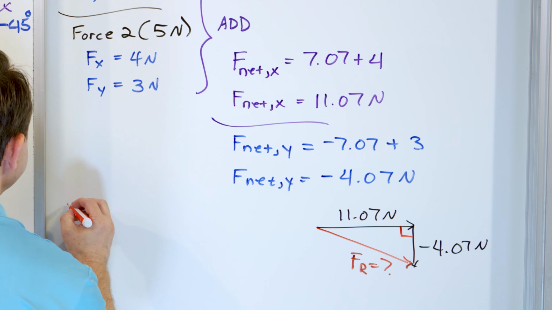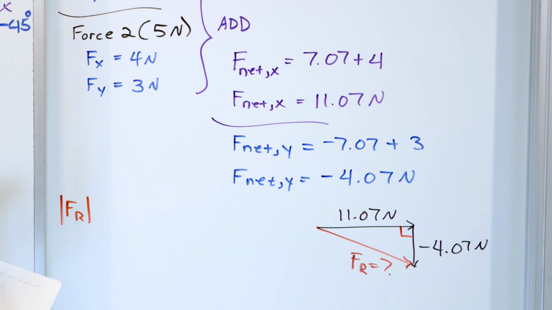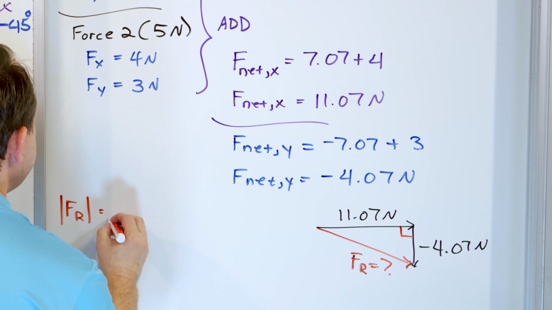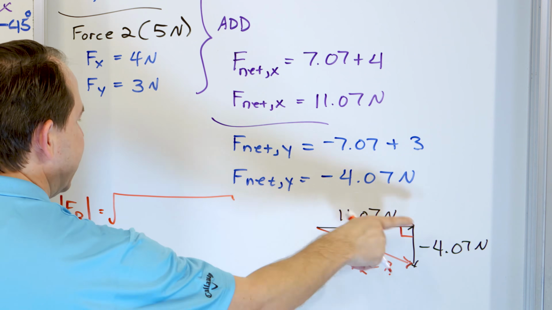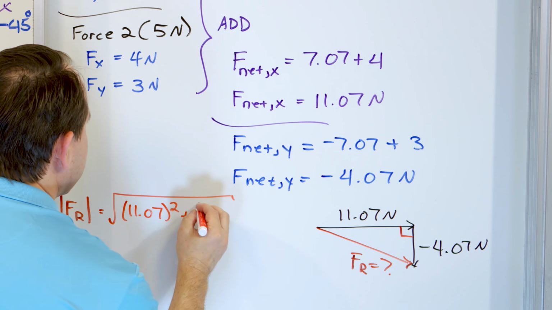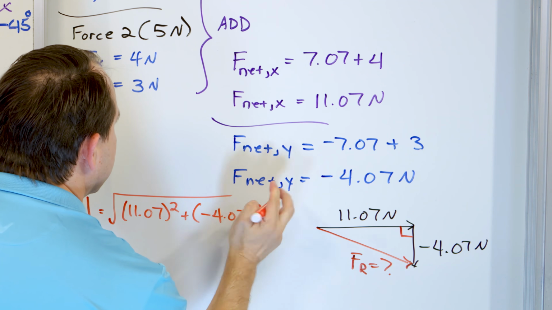And so what you say is F sub r. I need to put absolute value, telling you it's just the length, not the direction of the resultant vector. It's the square root of these two things squared. So 11.07 squared plus, inside here, negative 4.07 squared.